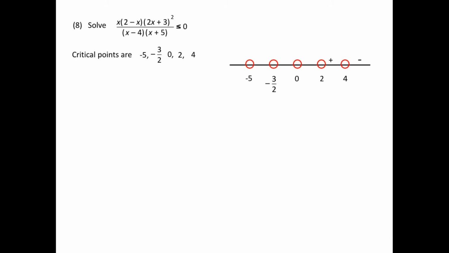So this is a plus, and this is a minus, and this is a plus. However, when we get to x is equal to minus 3 on 2, the sign does not change, as the expression 2x plus 3 to the power 2 is an even power. Therefore, this remains as a plus, and then crosses over the critical point x is equal to minus 5 to become negative once again.